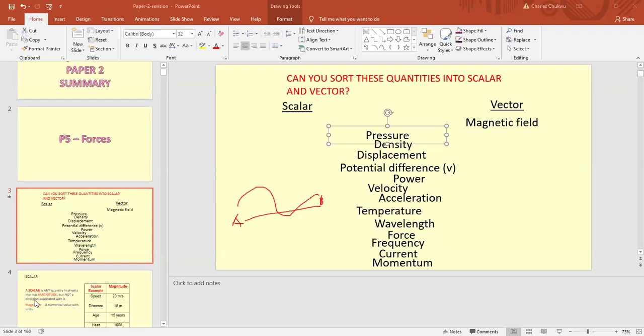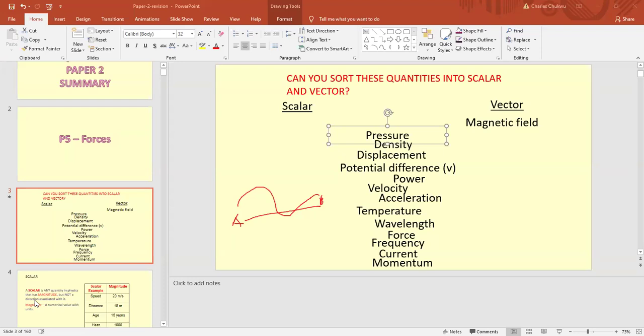Frequency of a wave is the number of cycles that wave covers in a second. That doesn't sound like a vector quantity to me. It's a scalar. And then current. Current has to do with flow of charges, right? But in itself, it's not a vector quantity either.